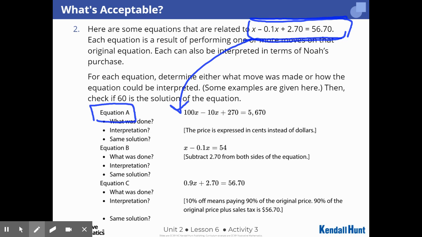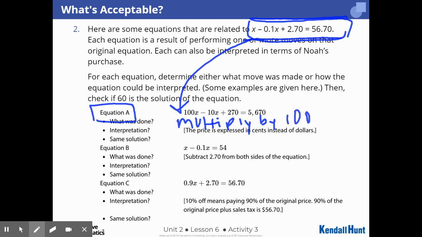What was done? Well, it looks like everything has been multiplied by 100. So even here, the 5670 became 5,670. This was 1x, now it's 100x. Every single term was multiplied by 100.